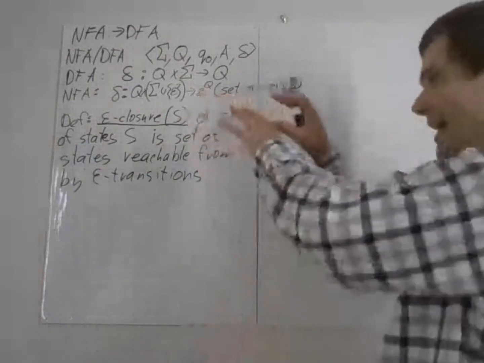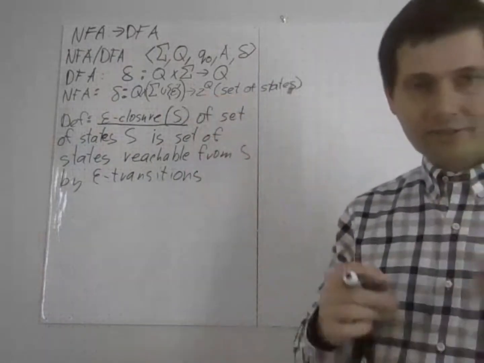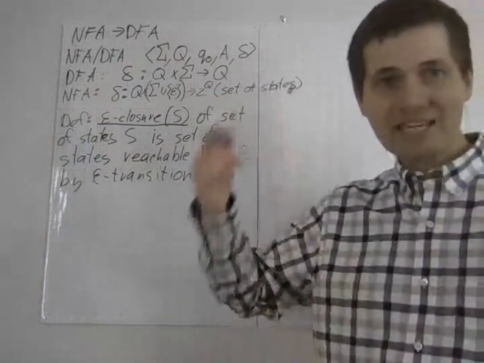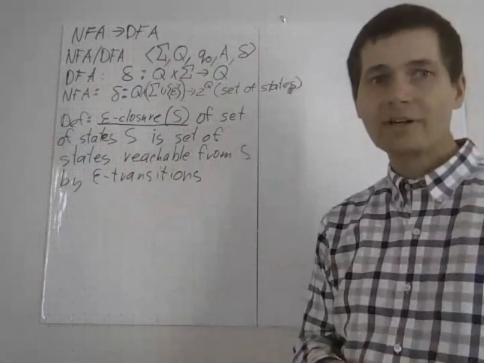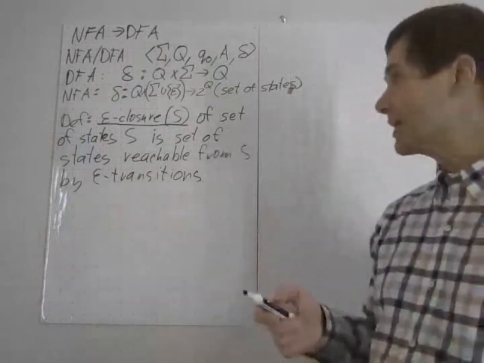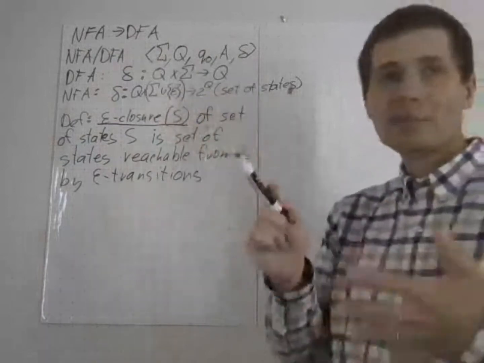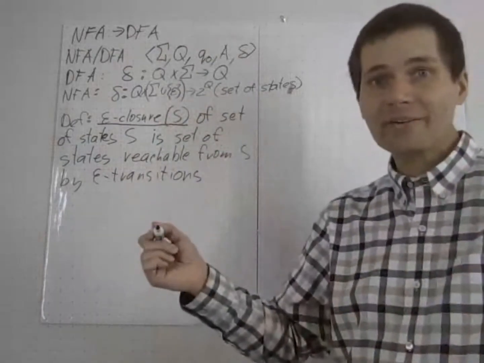Okay, so now that I have epsilon closure defined, I can look at the key idea of the NFA to DFA conversion, right? When you think about it, an NFA seems like way more powerful than a DFA, right?